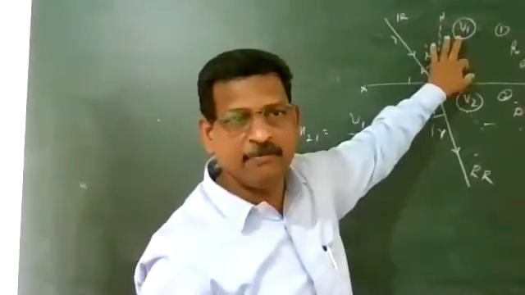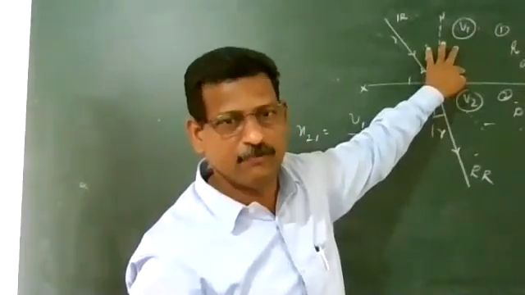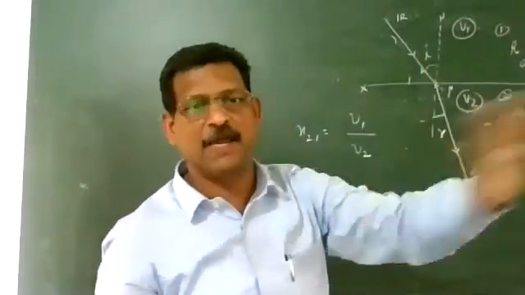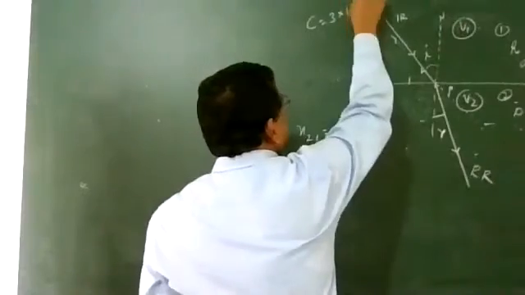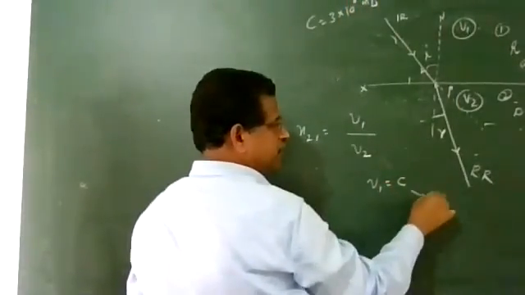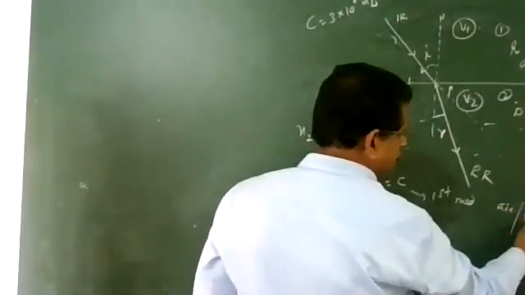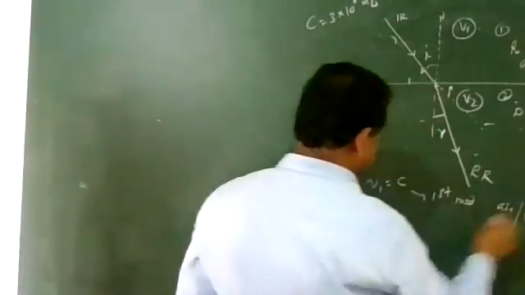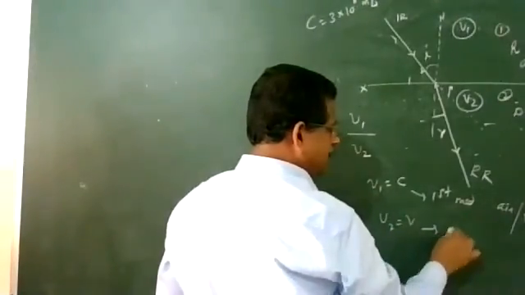The first medium we take as free space, air or vacuum, where the velocity of light is c equal to 3 times 10 to the power 8 meters per second. If v1 is equal to c, that is, the first medium is taken as air or vacuum, and v2 is equal to v, the second medium, any medium you can take.